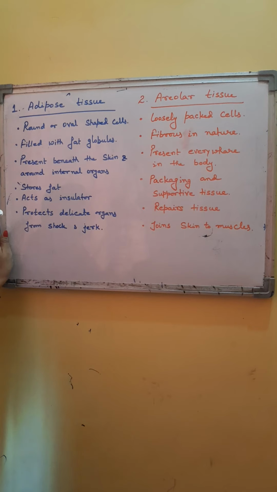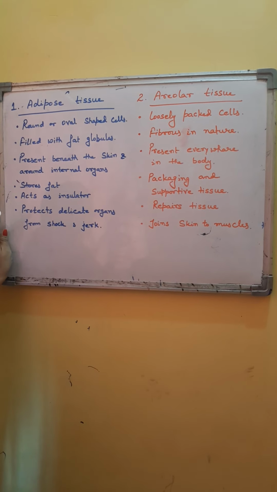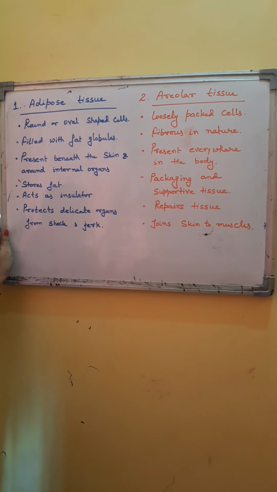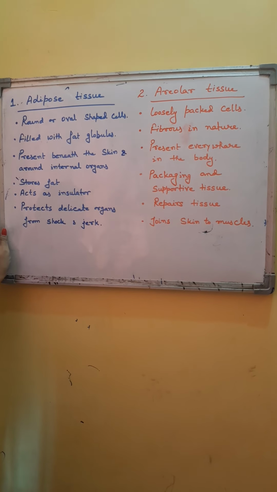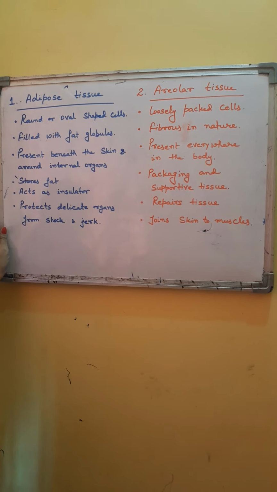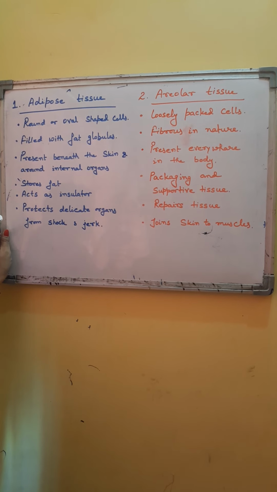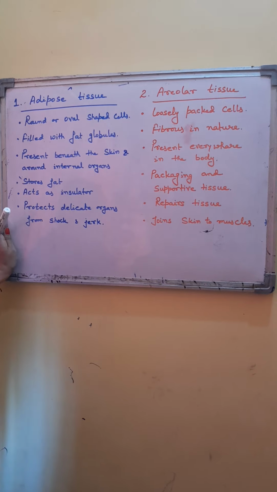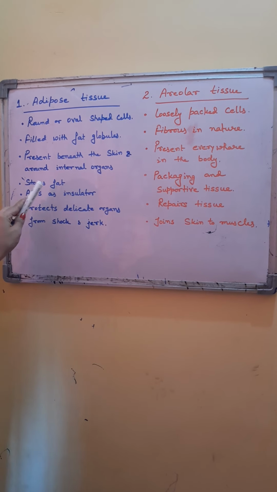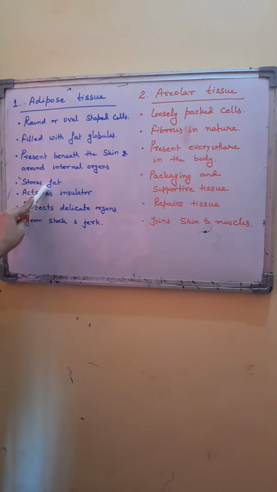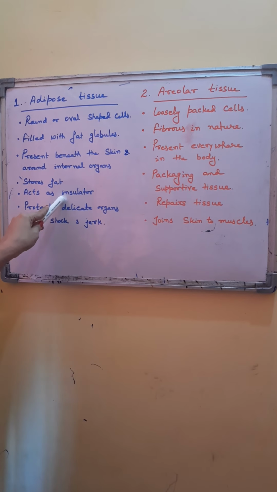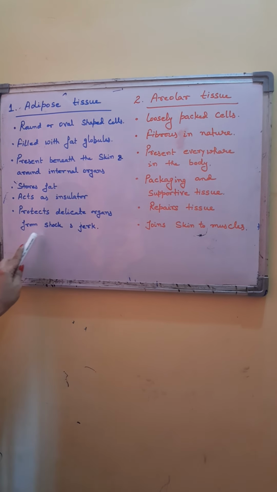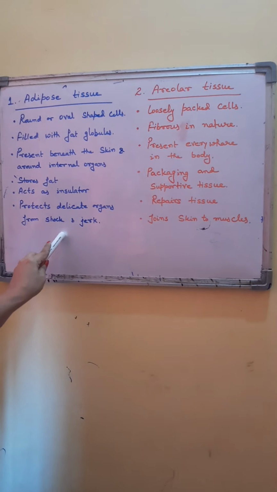So it forms a layer around those internal organs and protects them from external shock, jerk and injury. Like it is present around kidneys and helps in protection of these organs. So the basic function of adipose tissue is the storage of fat, and along with that it acts as an insulator and protects the delicate organs from shock and jerk.